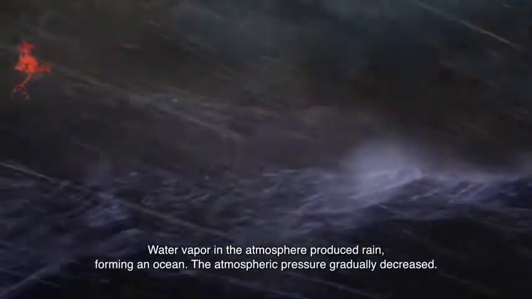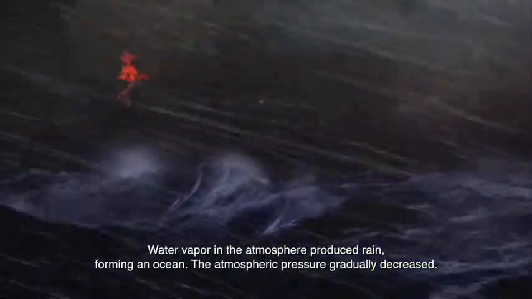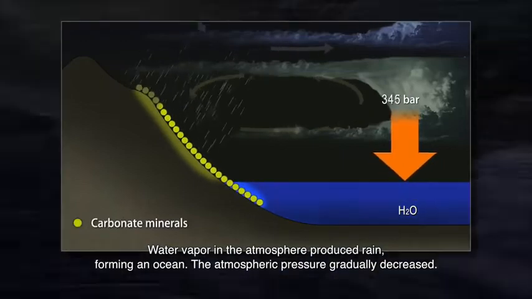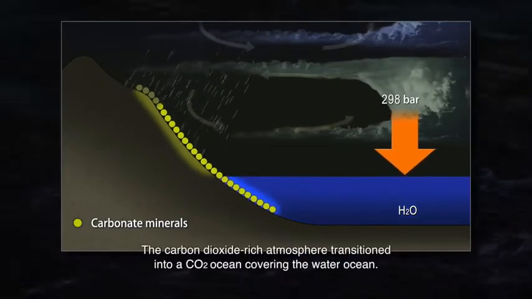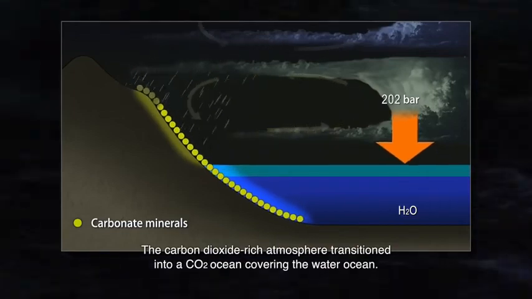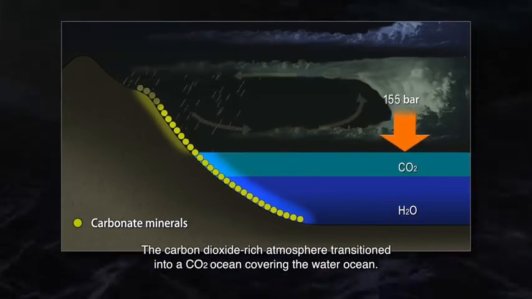Water vapor in the atmosphere produced rain, forming an ocean. The atmospheric pressure gradually decreased. The carbon dioxide-rich atmosphere transitioned into a CO2 ocean, covering the water ocean.